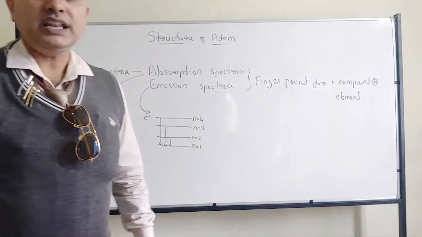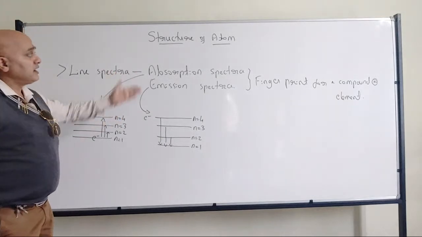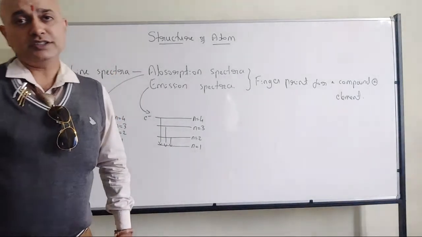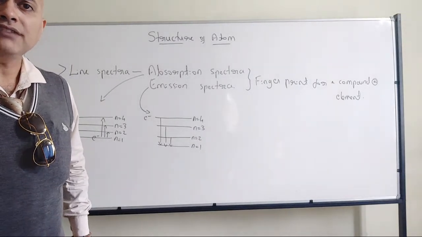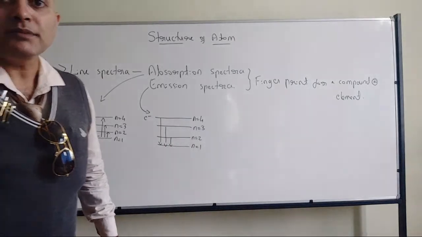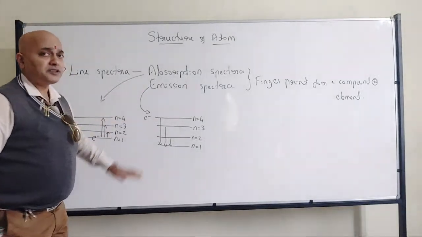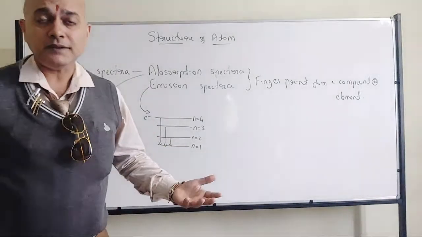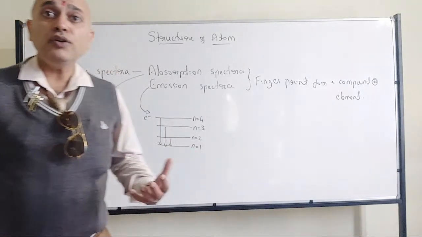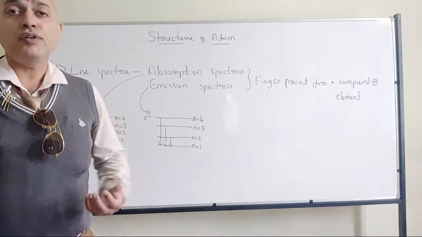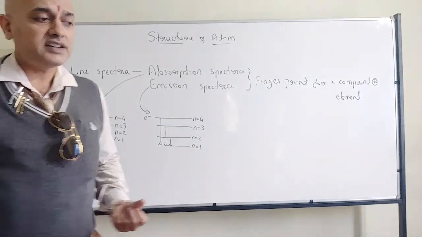Because each element or each compound has its own specific pattern of absorption spectra and emission spectra. Why? That is because their distribution of electrons will be different. Each element differs from each other in their atomic number, so therefore they differ in their nuclear force and in their distribution of electrons. All of you have understood?